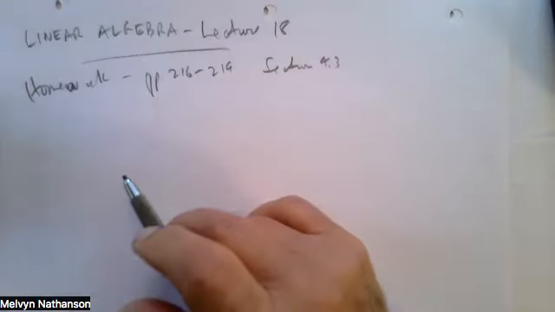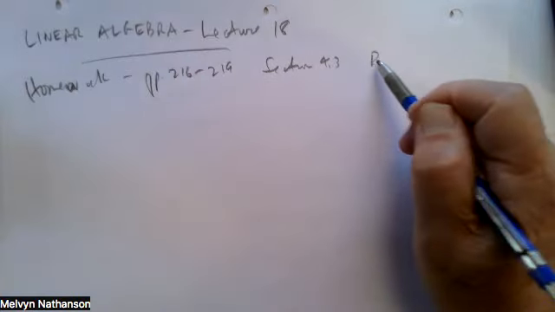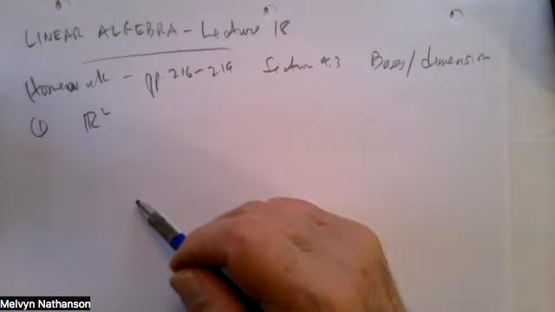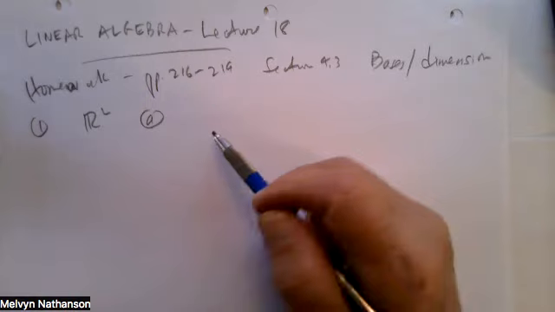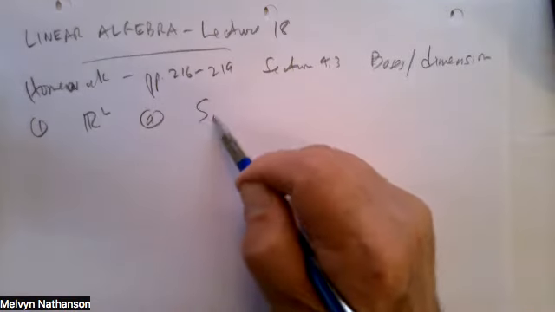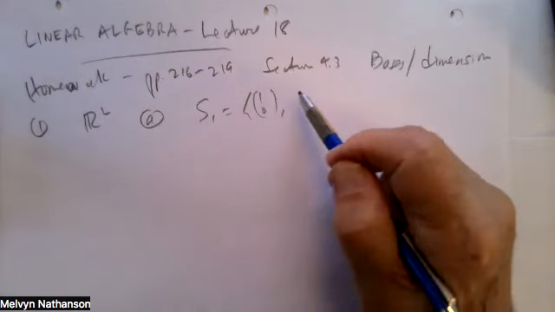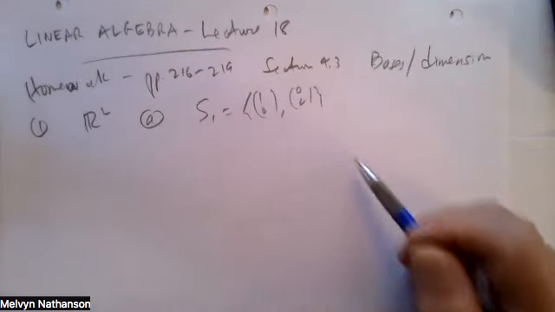Section 4.3 on bases for vector spaces and dimension. So in problem 1, we're looking at the vector space R2, and in section A, we have a set of two vectors, (1, 0) and (0, 2).